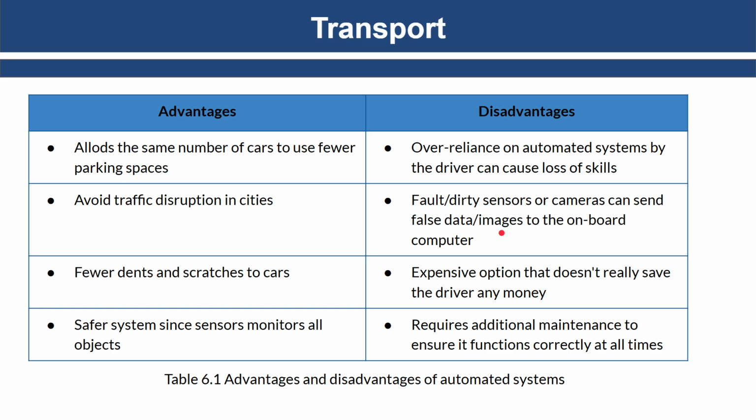If your camera is dirty or the sensor is faulty, then the wrong readings can be sent to the system. Also, it is an expensive option that doesn't really save the driver any money. Then it requires additional maintenance to ensure that it functions correctly at all times. So autonomous vehicles have to be maintained, and of course, when it has to be maintained, it's going to require more costs.